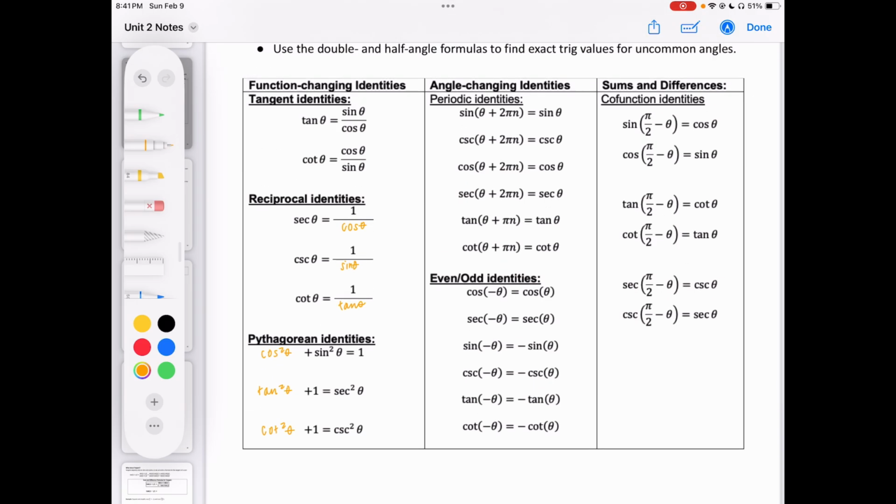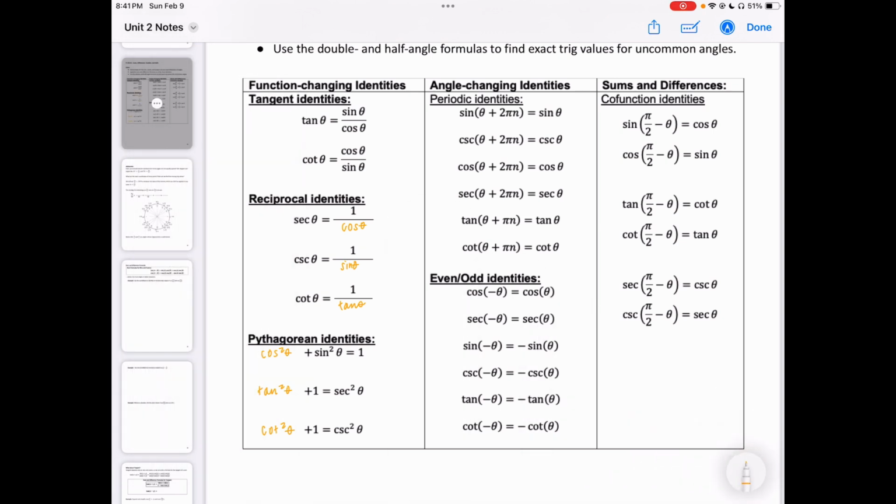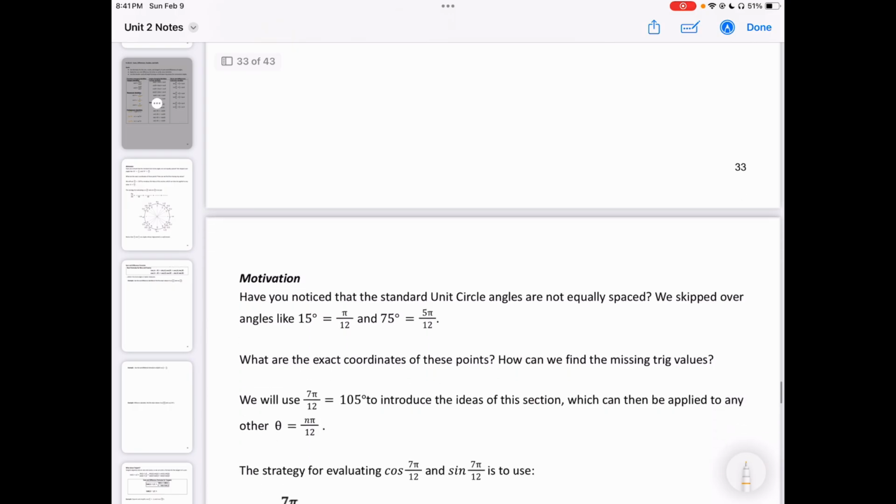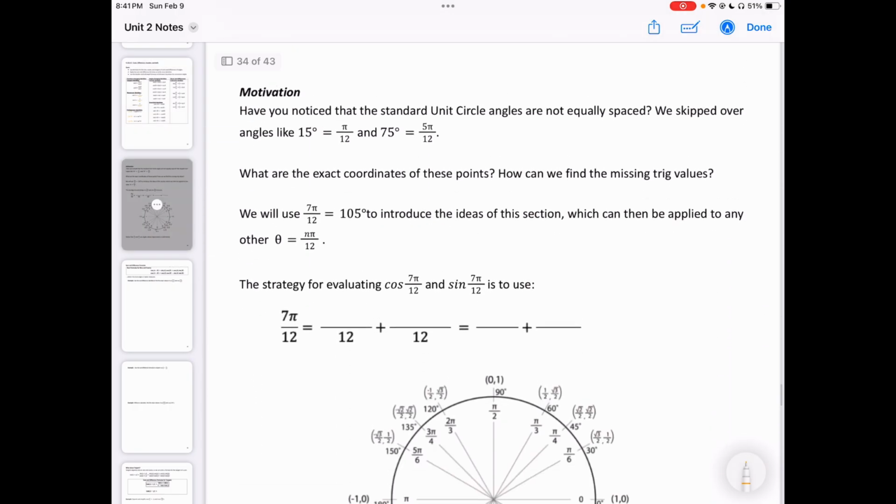It's now time to really introduce even more and start manipulating our equations. Now, the reason that we really use these is because unfortunately life's not perfect and we're not always going to get values that are on the unit circle. Most of the time, you really don't get stuff that's on the unit circle. For example, like 15.